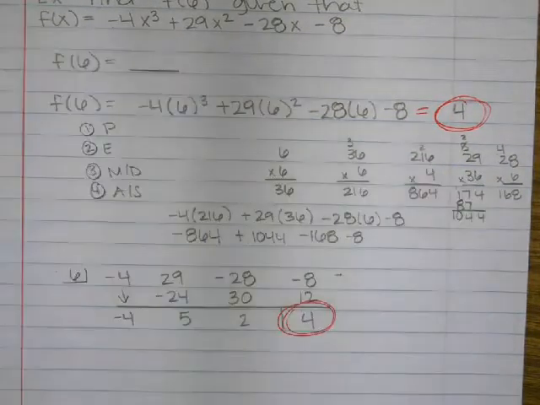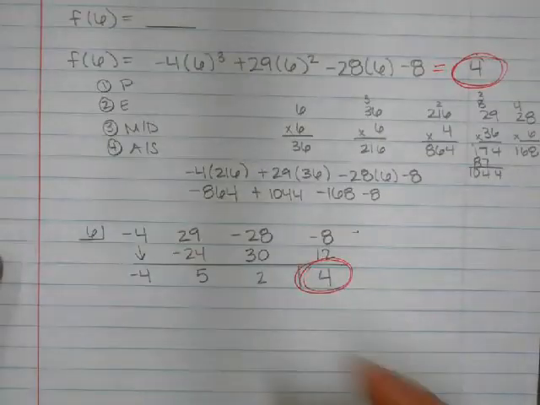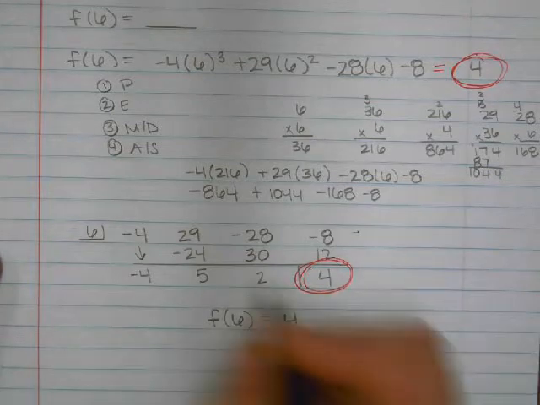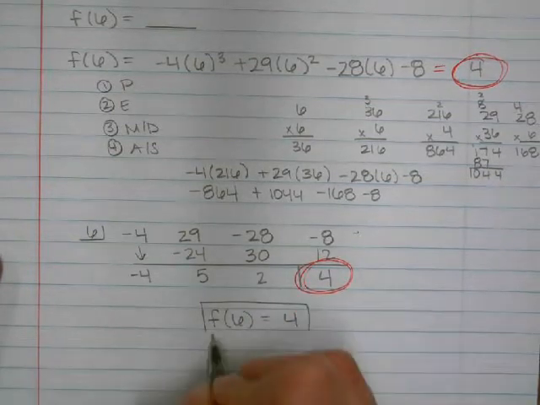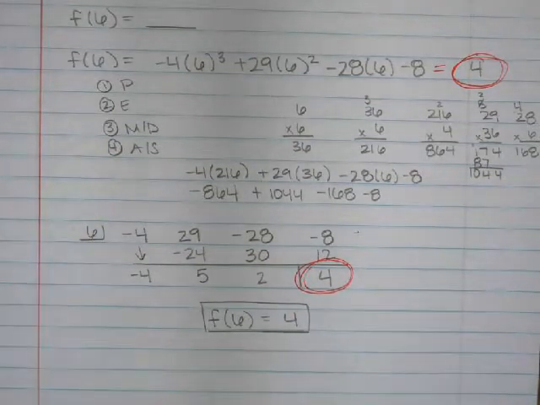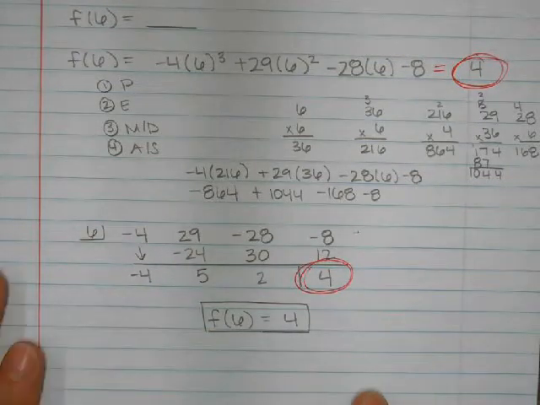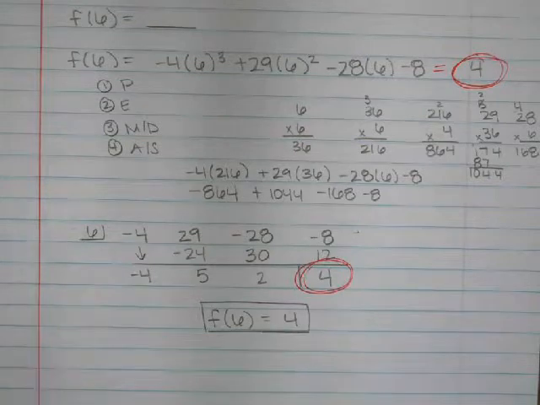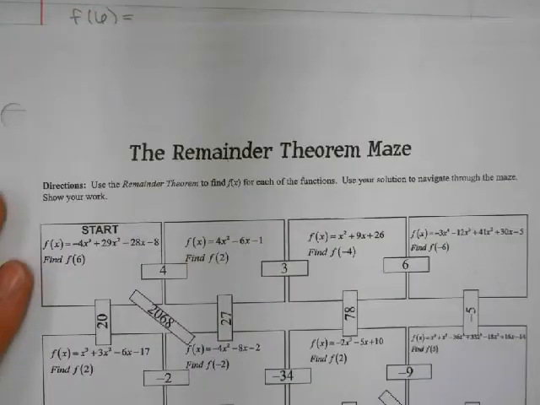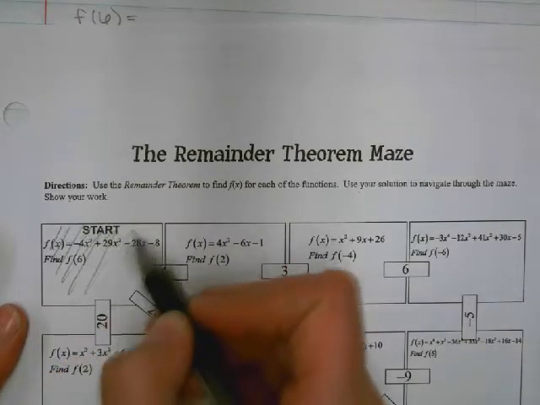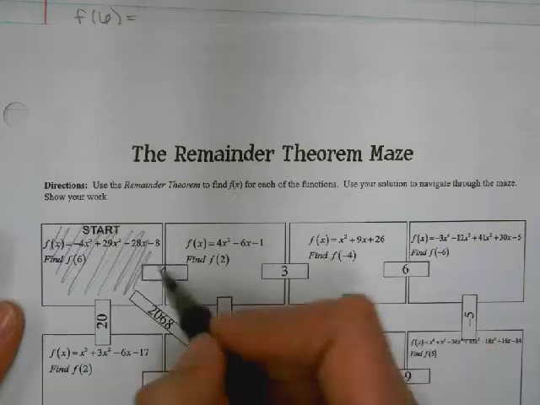So for our final answer, we're going to write f of 6 equals 4. So if we plug in 6, 4 is the answer we get. Synthetic division was the tool that we used, but this here is called the remainder theorem. So when you're working on the activity that I gave you, the problem we just did is actually the first problem. So in your maze you started at the first box and 4 was your answer.